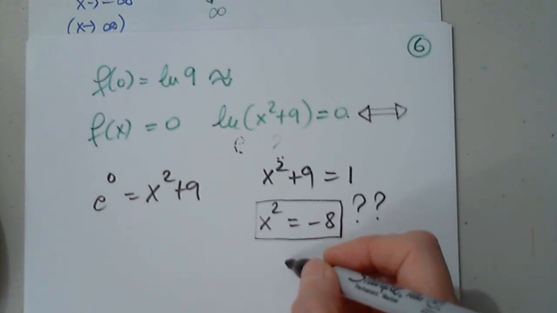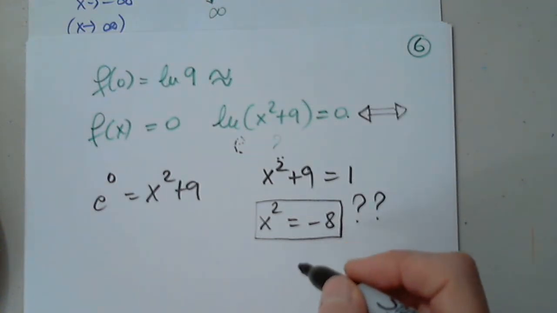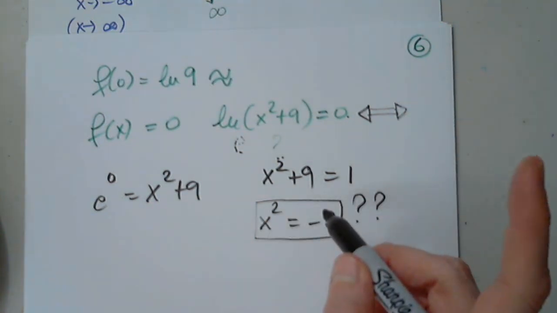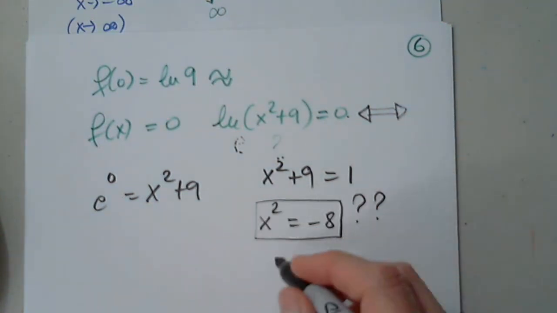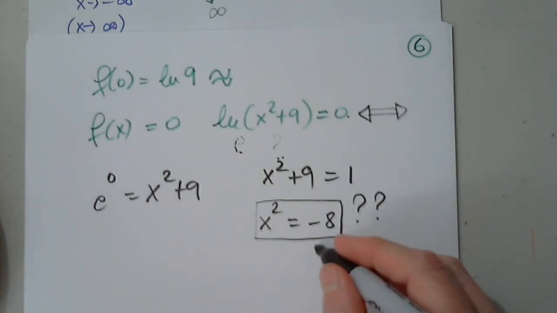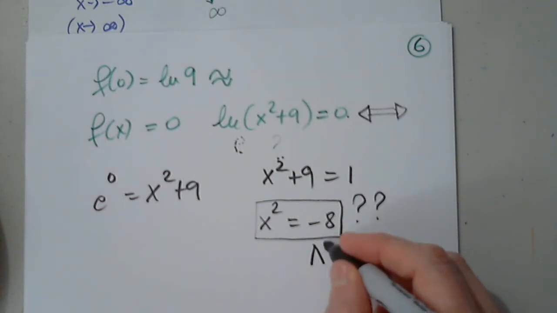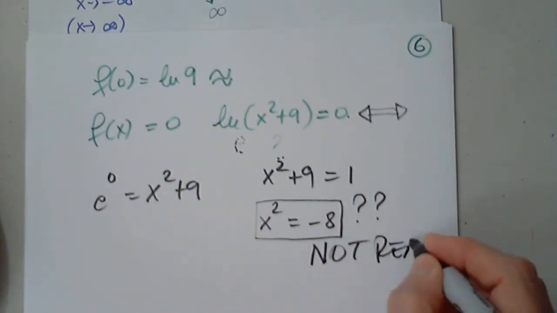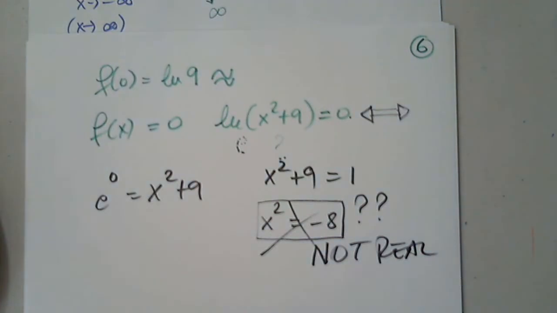Say it again, Victoria. I was saying we square both sides, and it's going to be plus or minus root 8. Yes, you can take the square root, not square. Take the square root. But what type of numbers we get? Not real numbers. Thank you. So no solutions.